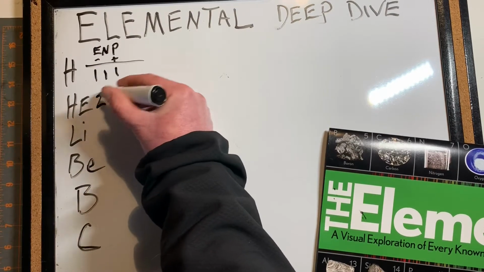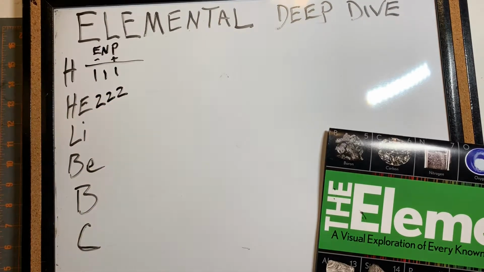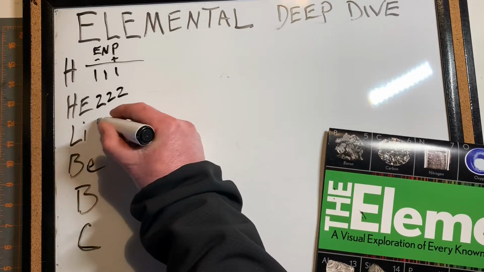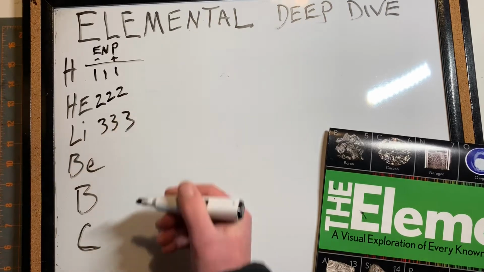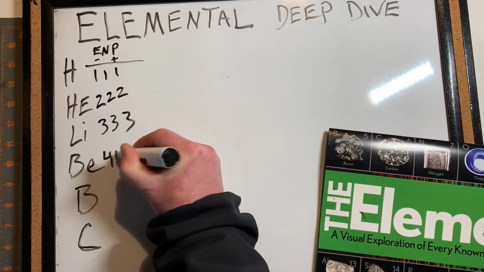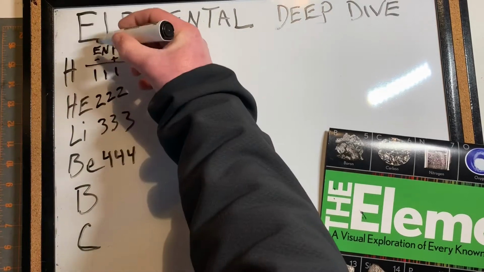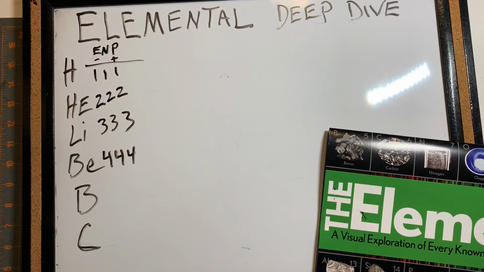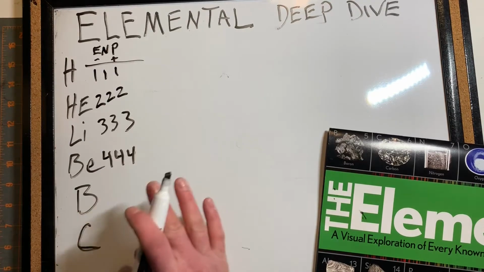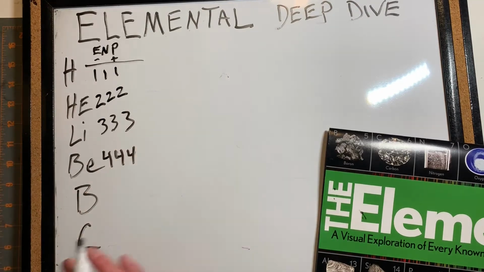So there's 2, and if there's 2 electrons, then there's 2. Lithium, I believe, is 3, 3, 3. Beryllium, we're going to give 4, 4, 4. Maybe the neutron is closer to a 5, but for this example, this is a rough order of magnitude.